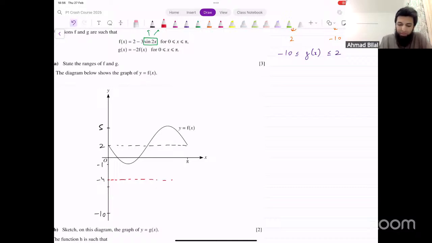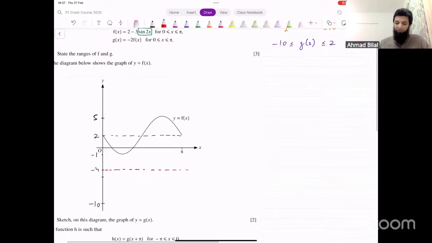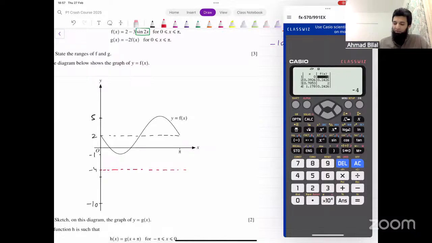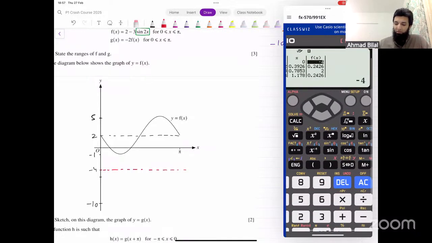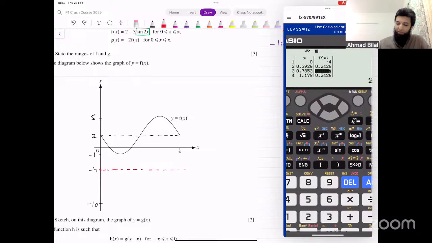And now you have to sketch that graph. How do you do that? We made the table for that already. We can make a table like this. When x is 0, we've got -4. So the graph starts at this point. And then we have 2 at pi over, so this is pi, right? In the middle here, we would have pi over 2.